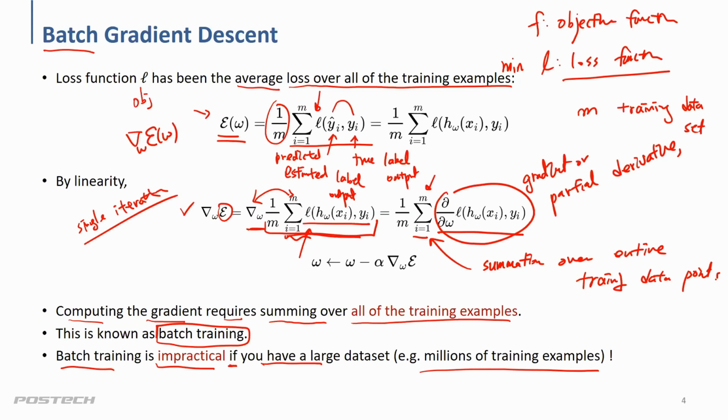For each iteration, you have to compute the loss functions for the entire data set, and we have to take the partial derivative for the entire training data set. That requires tons of computation. That's the big limitation.